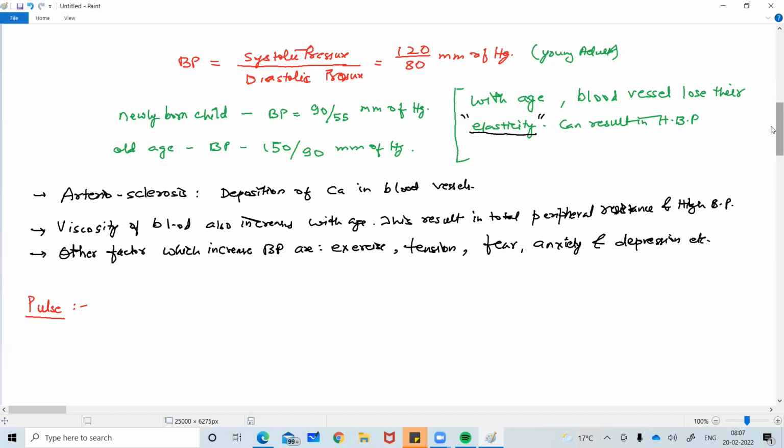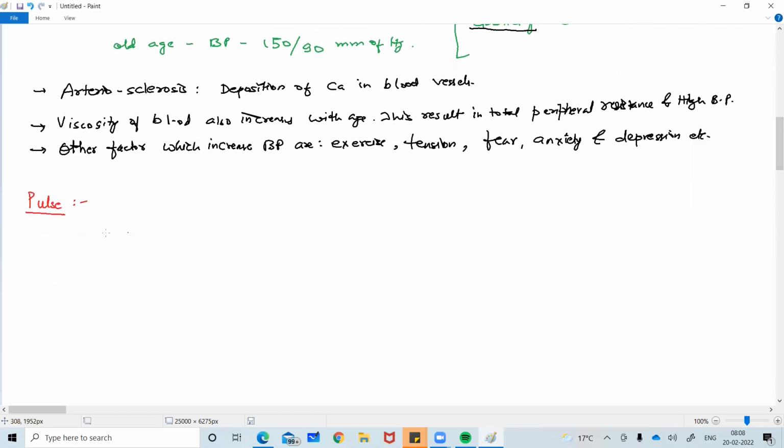We'll write a few points about it. So first, what is pulse? You can say pulse is a wave of distension and recoiling, means again coming back to normal, felt in an artery.